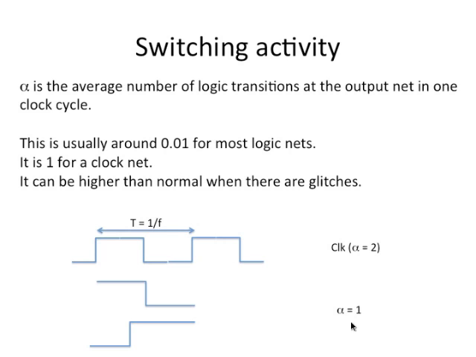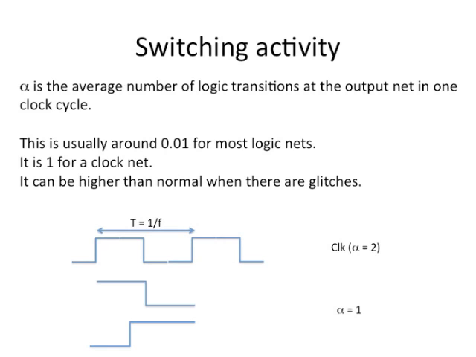You might get confused with this notation, and I should probably fix this. Here I just wanted to say that in this cycle the number of transitions is 1, but the way you calculate alpha is you count the number of transitions over a prolonged period and then average it out.